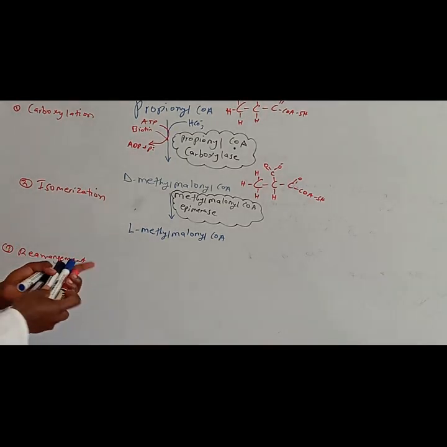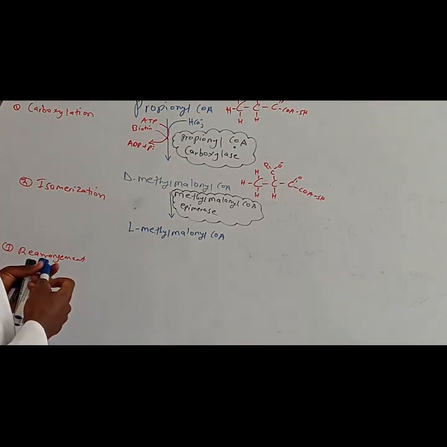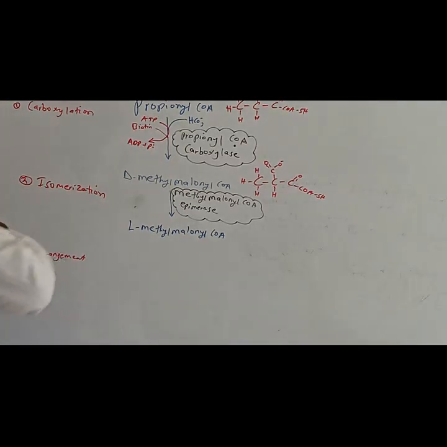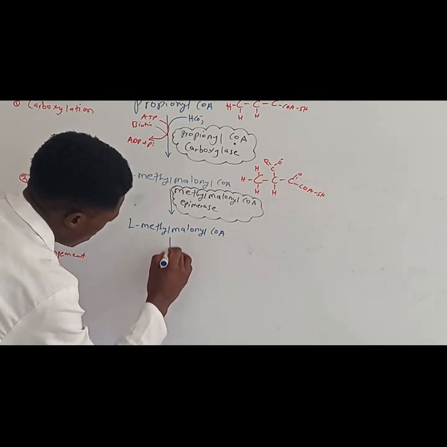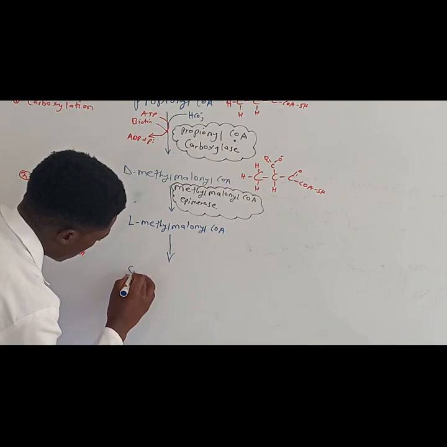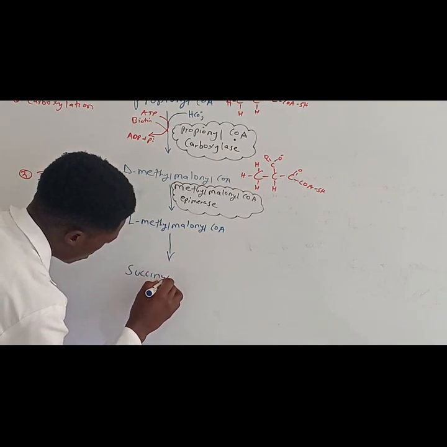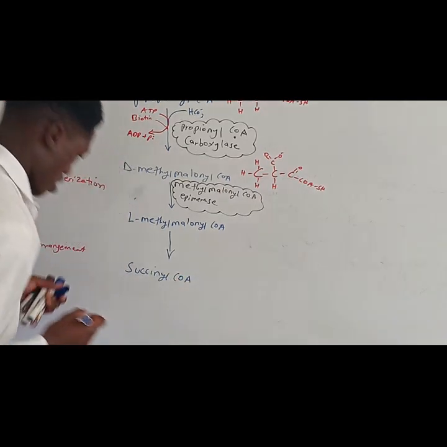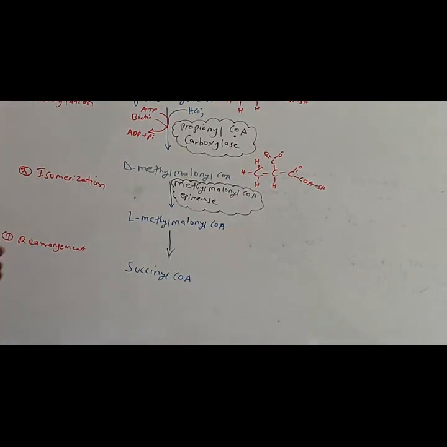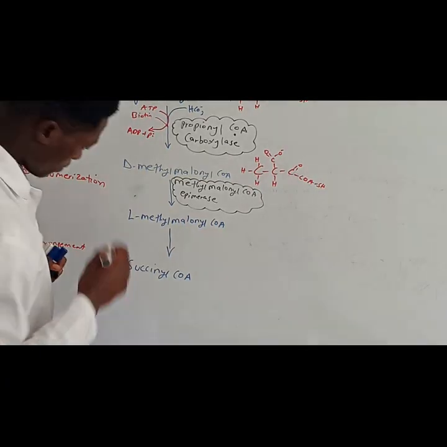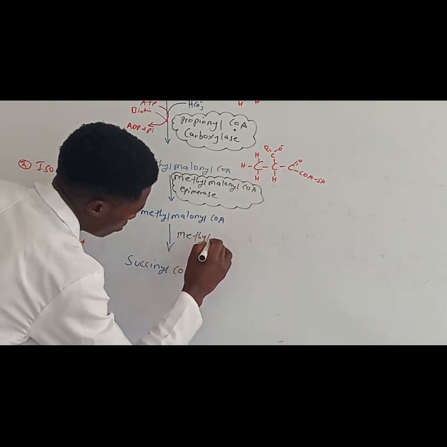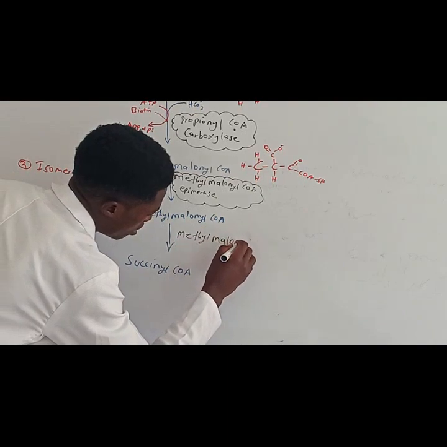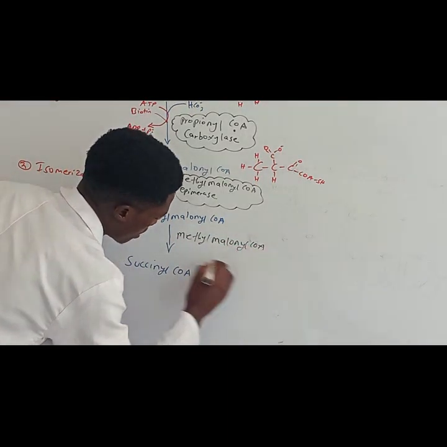Now, moving down, we're going to convert L-methylmalonyl CoA into a new molecule. This new molecule is going to be called succinyl-CoA. This reaction is going to be catalyzed by an enzyme called methylmalonyl CoA mutase.